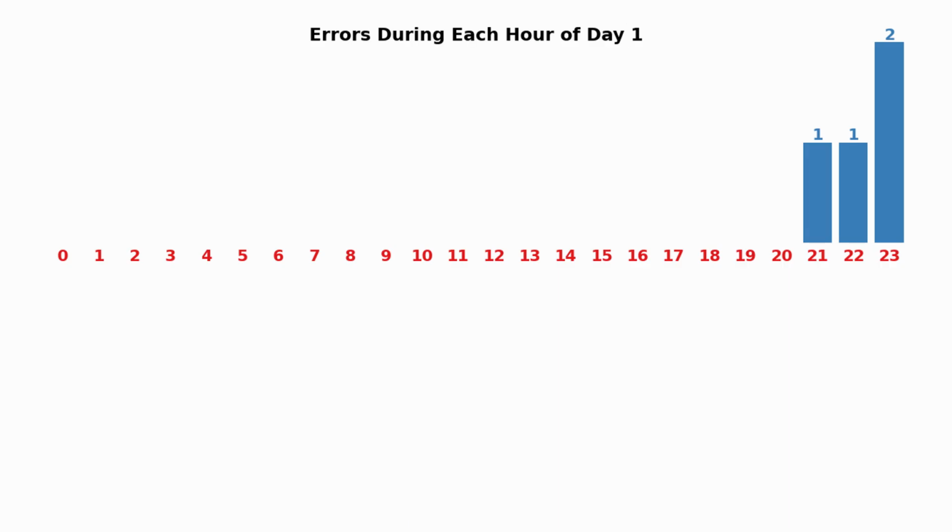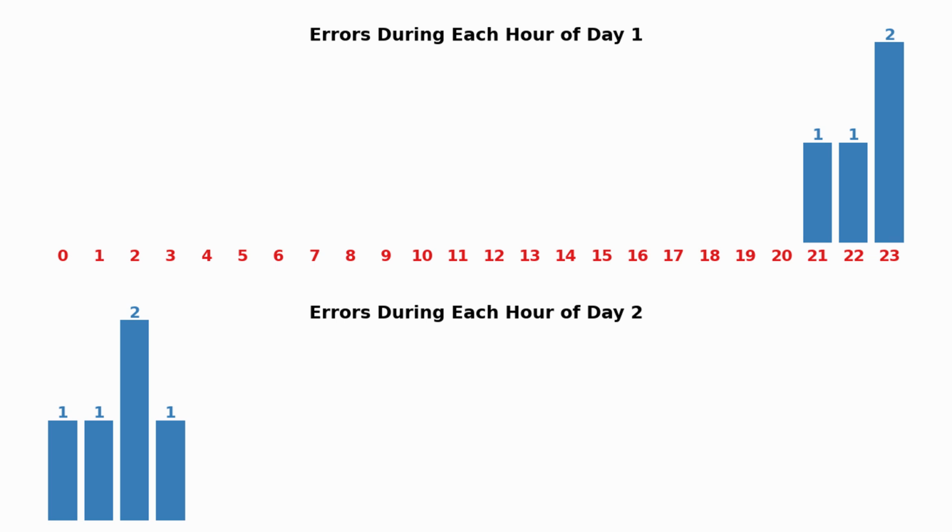At the end of the first day, several errors occurred during the last 3 hours. But since the total was below our threshold of 6, no alert was triggered. At the start of the second day, 5 more errors occurred, but once again the daily total was below our alert threshold.